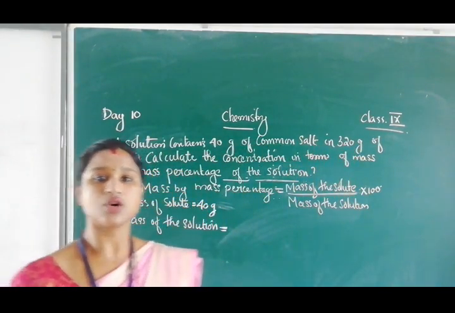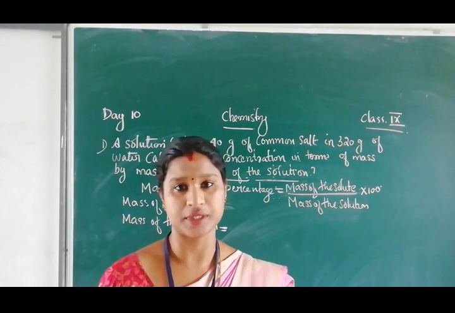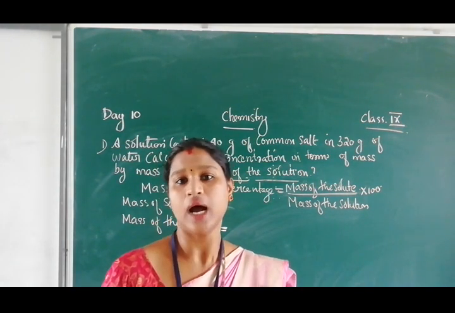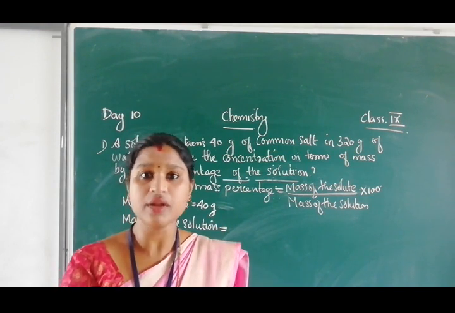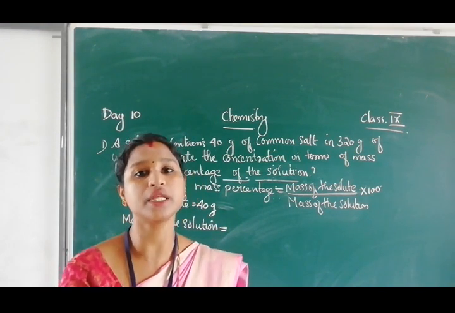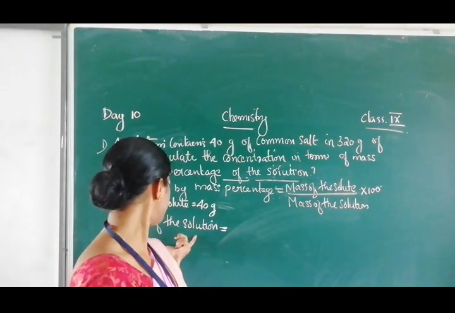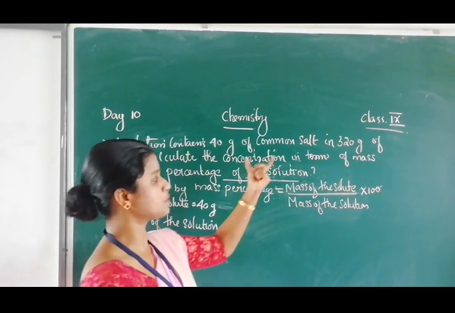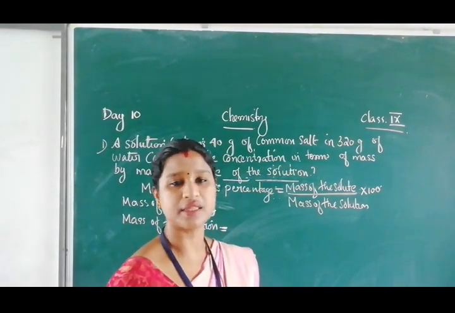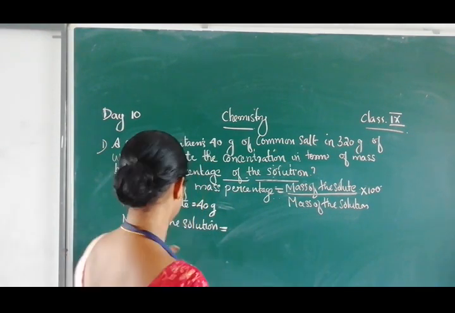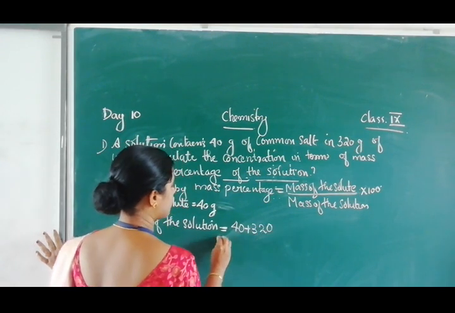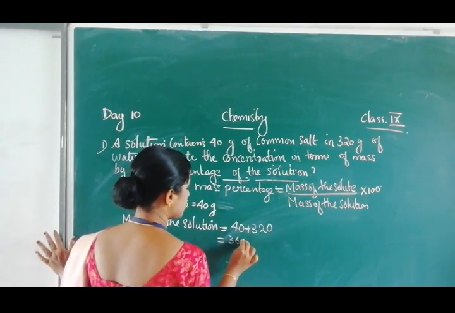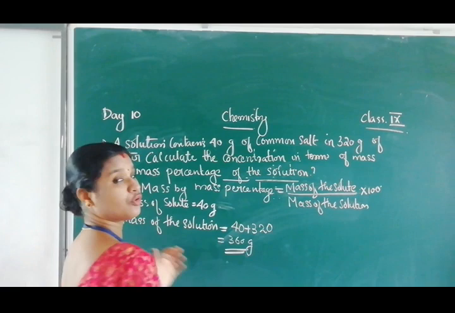This is the solvent. So 40 gram solute and 320 gram solvent. By mixing these together we got the solution. So what would be the mass of the solution? This 40 plus 320 will be the mass of the solution. 40 plus 320, so what would be the answer? 360.